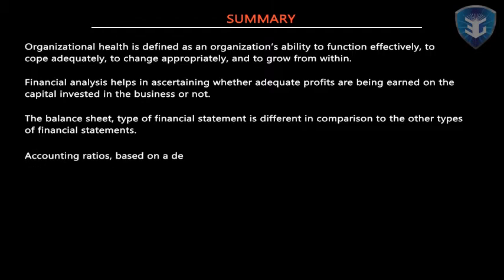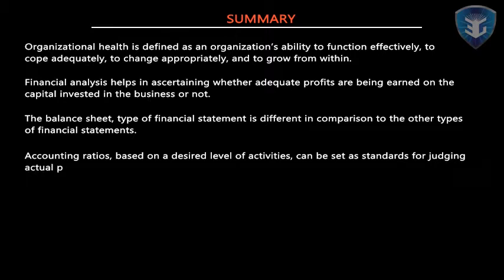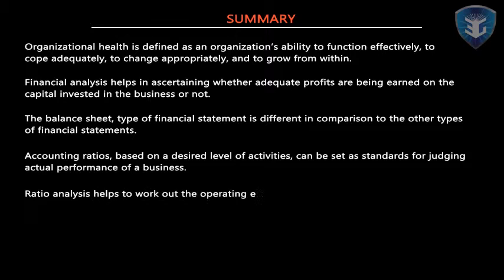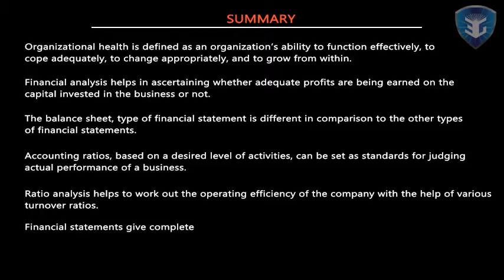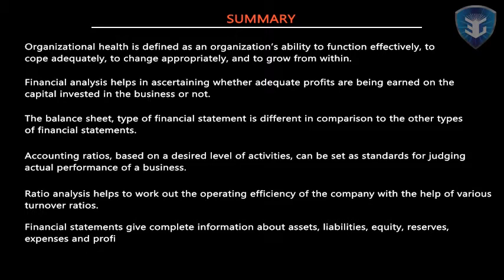Accounting ratios based on a desired level of activities can be set as standards for judging actual performance of a business. Ratio analysis helps to work out the operating efficiency of the company with the help of various turnover ratios. Financial statements give complete information about assets, liabilities, equity, reserves, expenses, and profit and loss of an enterprise.